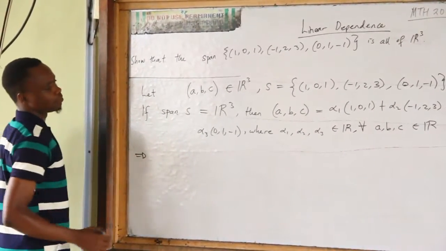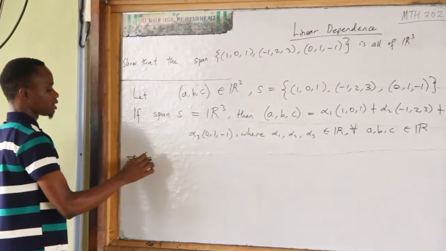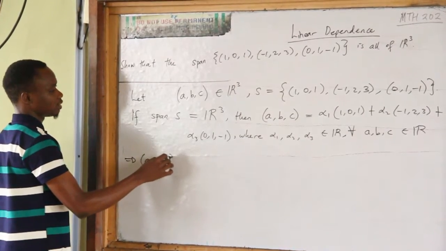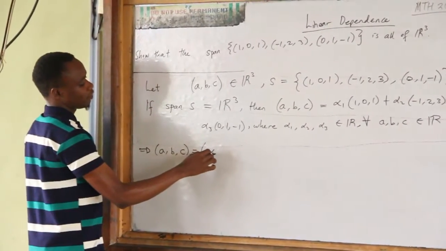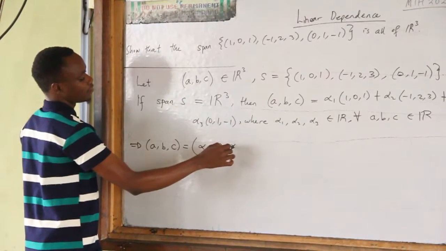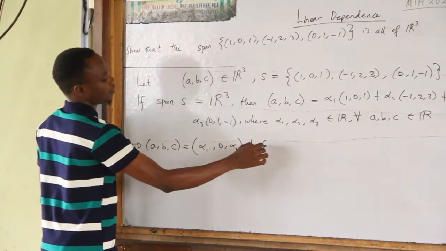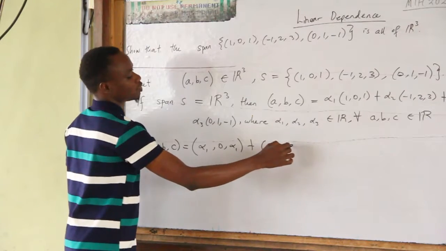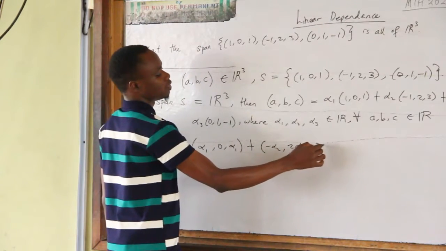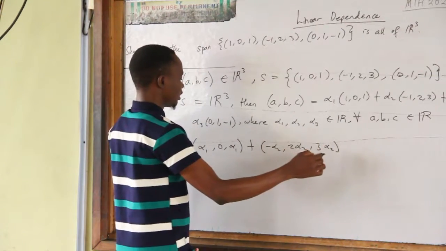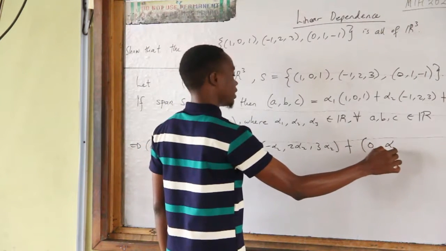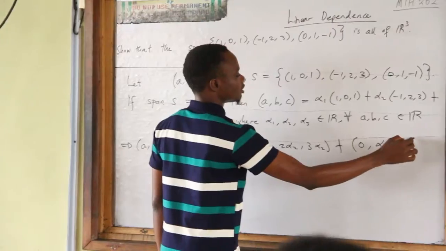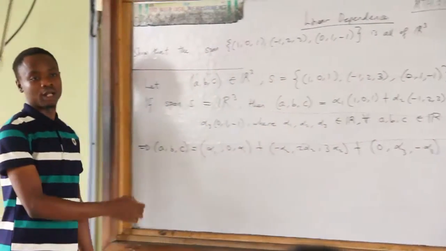That means I should be able to say that (a, b, c) equals, what is that going to give us? Alpha 1 into (1, 0, 1), plus alpha 2 into (-1, 2, 3), plus alpha 3 into (0, 1, -1). Do you see what I'm doing, right?